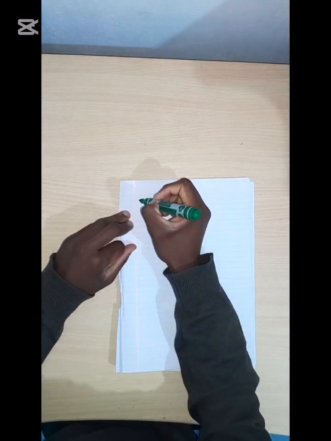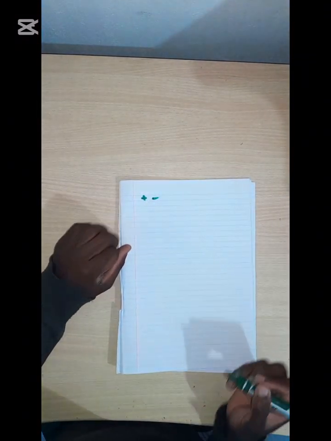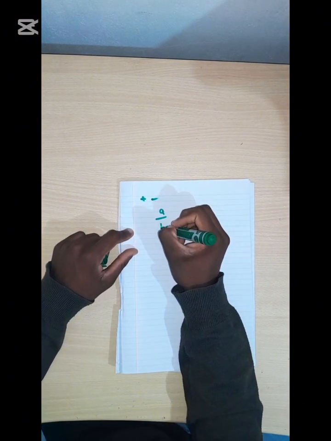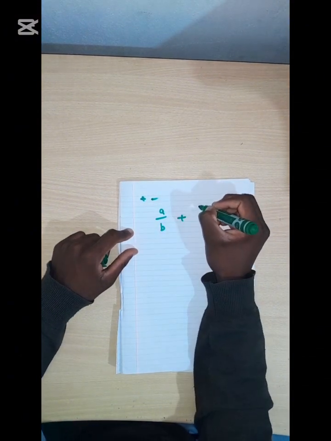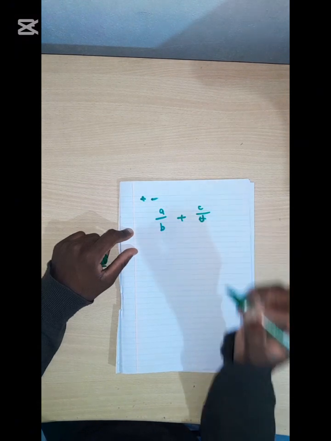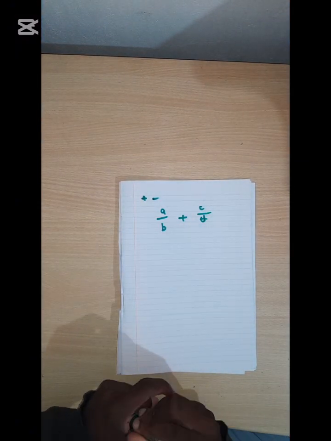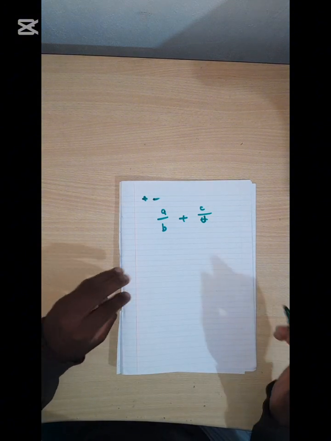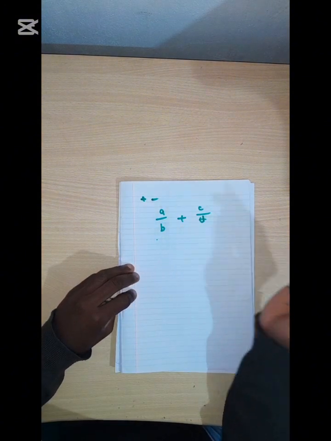So now let's look at when we add or subtract fractions. Now let's say you have A over B plus C over D. The first thing you should note is that before you can add or subtract any two fractions, you have to make both denominators the same.